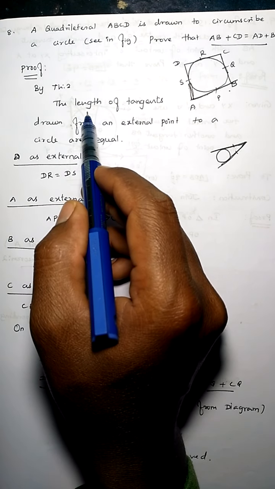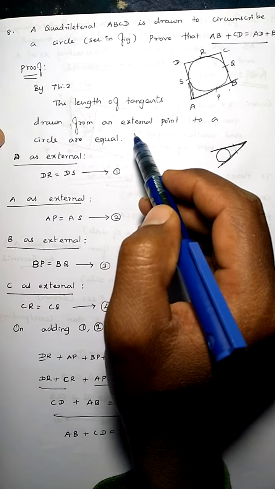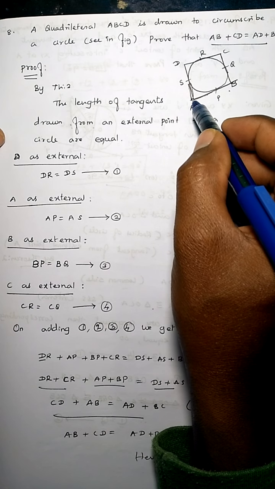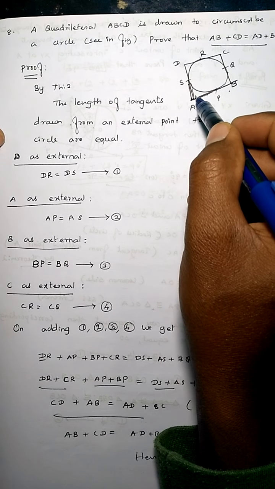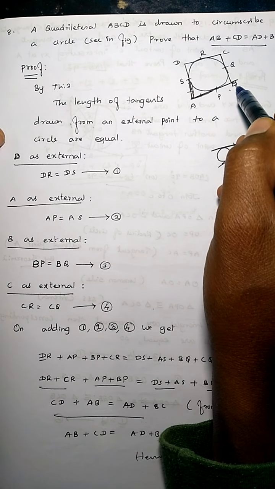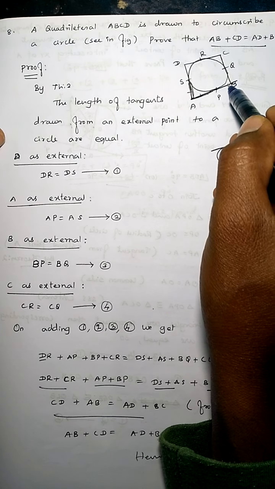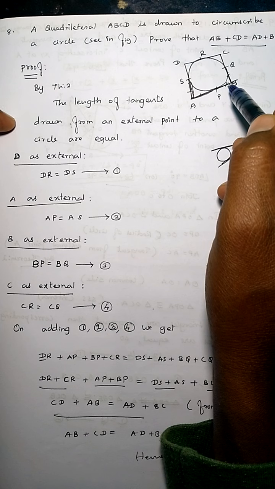The lengths of tangents drawn from an external point to a circle are equal, because when you take A as an external point, then AP is equal to AS, because these are the tangents to a circle. Then when you take B as an external point, then BP is equal to BQ. Again you are using the same theorem statement.